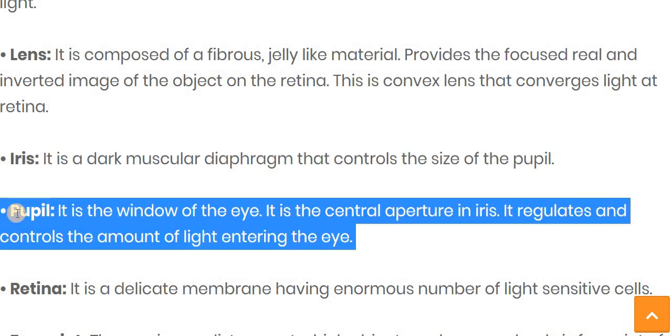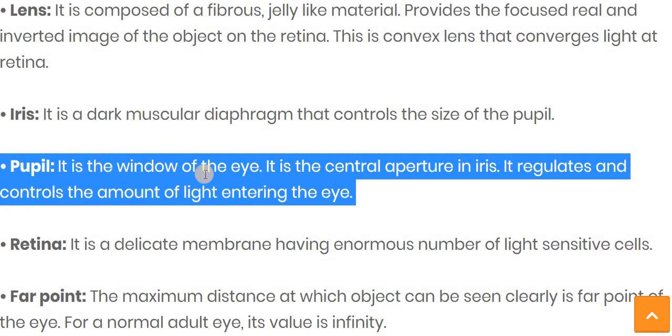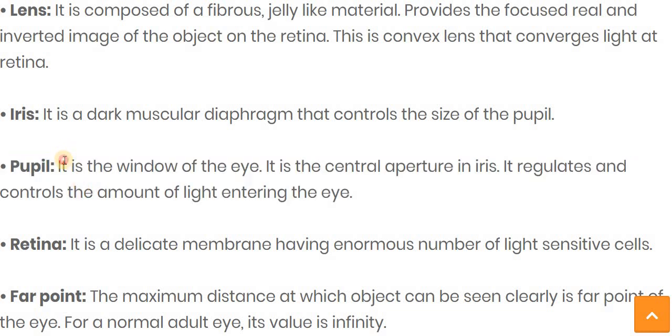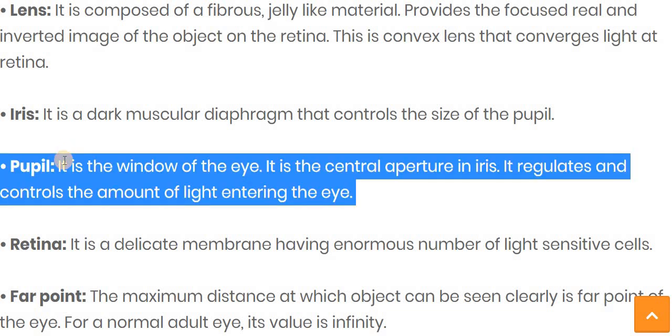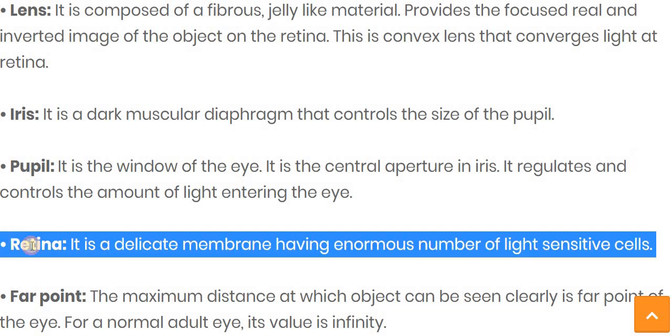Let's talk about the pupil. The pupil is the window of the eyes because it is the central aperture in the iris, and its function is to regulate and control the amount of light which enters the eyes.